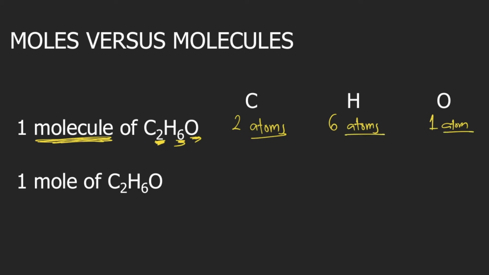When you say 1 mole of ethanol, that contains 2 moles of carbon, 6 moles of hydrogen, and 1 mole of oxygen. So when you say mole, the composition of the elements is also in terms of moles. So this is the difference between moles and molecules, and I want you to take note of this so you won't get confused when you encounter both terms.